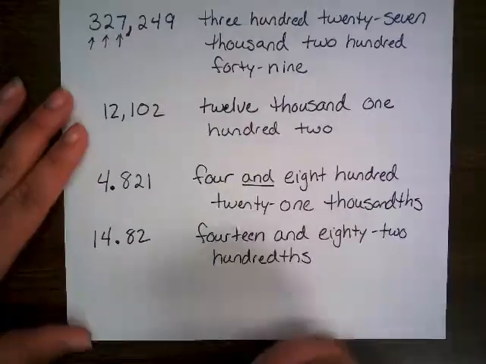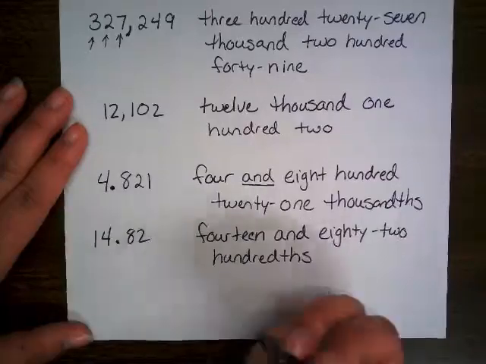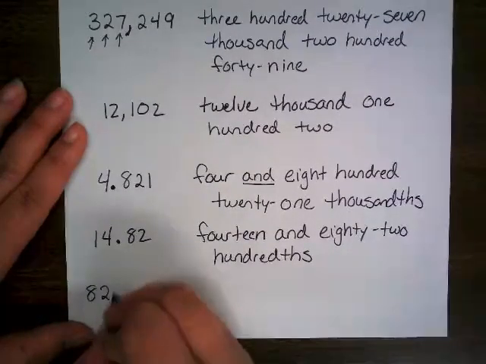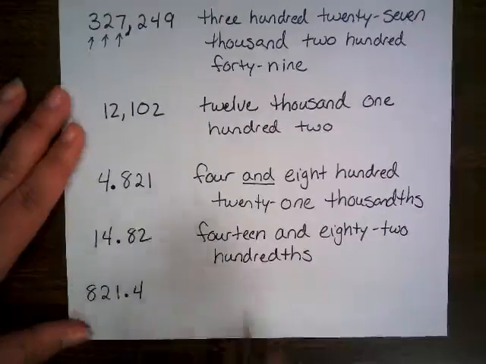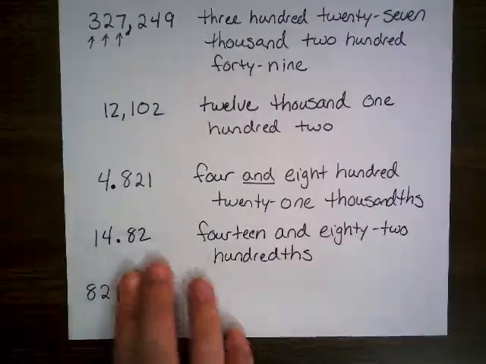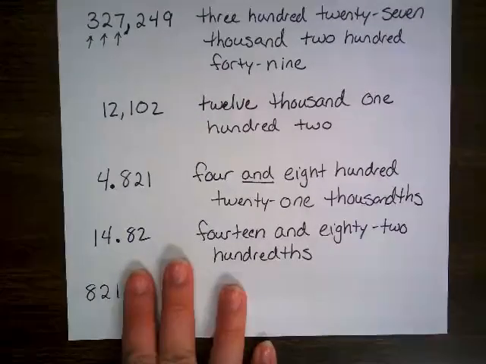Let's do one more of these. Let's say I have this. This is quite a bit larger now, isn't it? So again, I'm going to look at my decimal. I'm going to look at the group of 3 before it. I see 821.